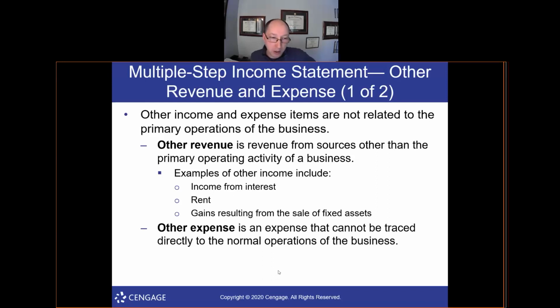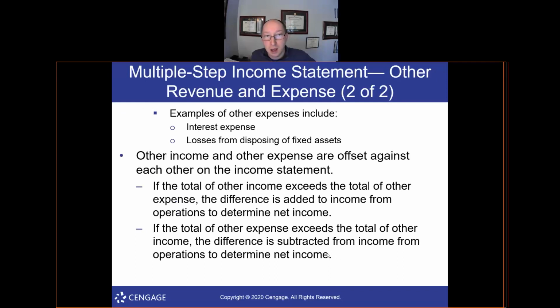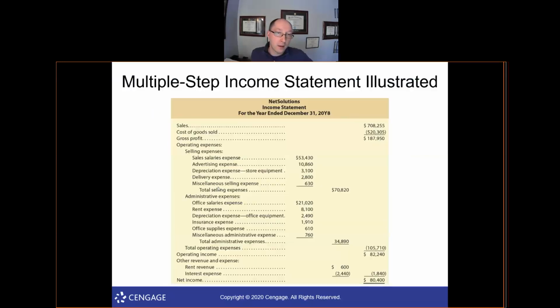Other expenses would be expenses that we cannot directly trace to the normal day-to-day operations of the business. It would include things like interest expense or a loss from a fixed asset. Remember, fixed asset is property, plant, or equipment. And those types of things show up at the end of the income statement, after your operating income.